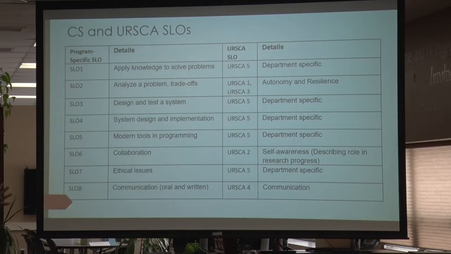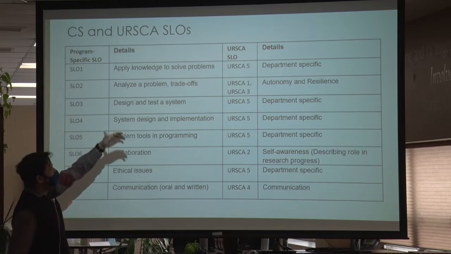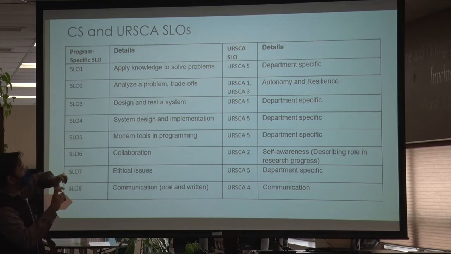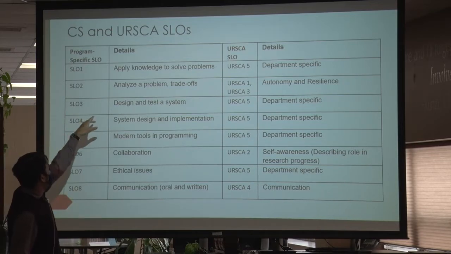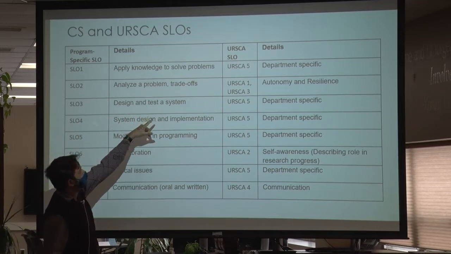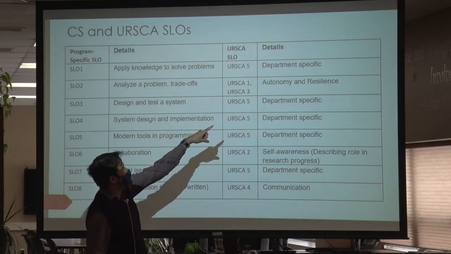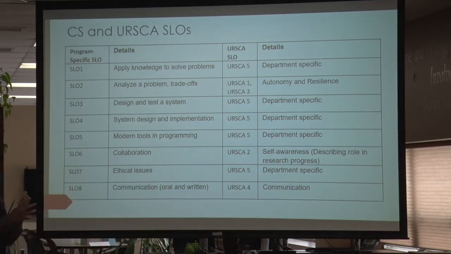So here's a chart which we tried to pull together, showing how they were aligned. For example, if you look at student learning outcome 1, which says apply knowledge, we found it to be similar to URSCA 5 because it was more specific to computing knowledge. However, student learning outcome 2, which says analyze a problem and find trade-offs, we were able to align with URSCA 1 and 3, which talk about autonomy and resilience, because you're trying to analyze a problem and find solutions to solve that problem in a better way.